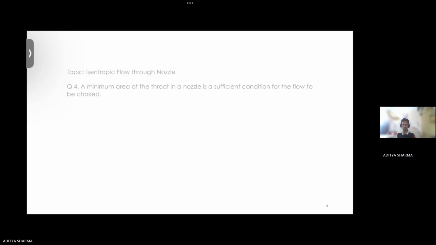Now, let's see whether this is true or false.